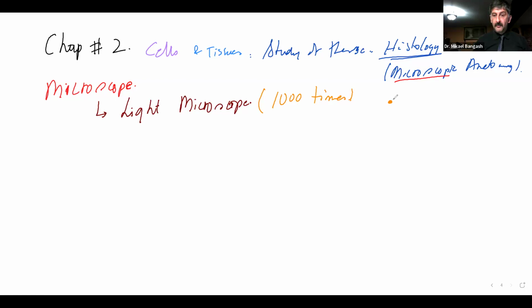So what we see through the microscope is going to be 1,000 times bigger than this, which will enable us to see even small, minute details, because each detail is going to be magnified up to 1,000 times. Now, please keep in mind, guys, that this is going to be the max.